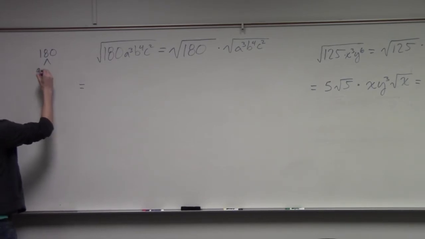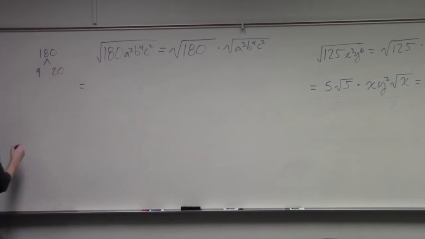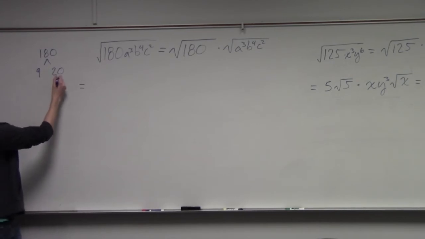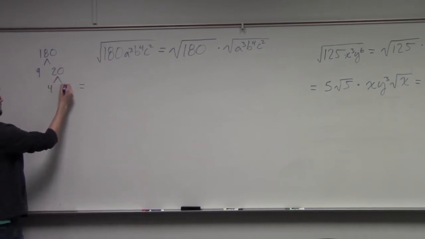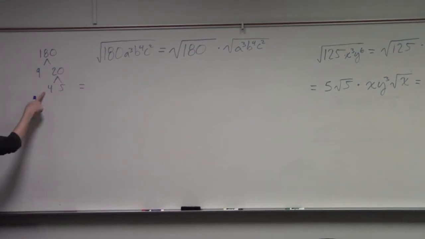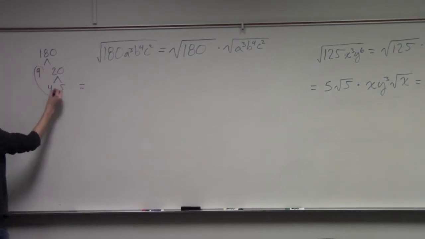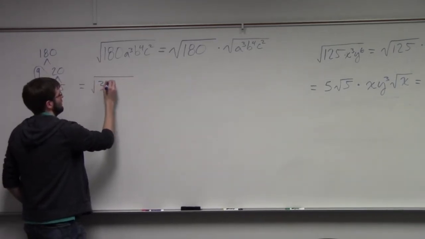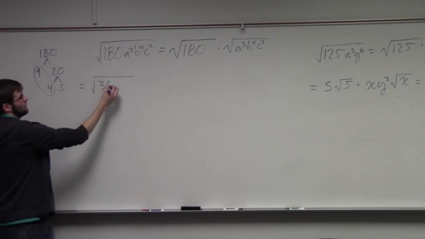Let's see. I'm committed to this right here. So I have 9 times 20. That's a perfect square. And was there a perfect square in 20? A 4. I'm going to have a 5 left over. So 9 times 4 is what? 36. All right. So I'm going to break this guy up into 36 times 5.